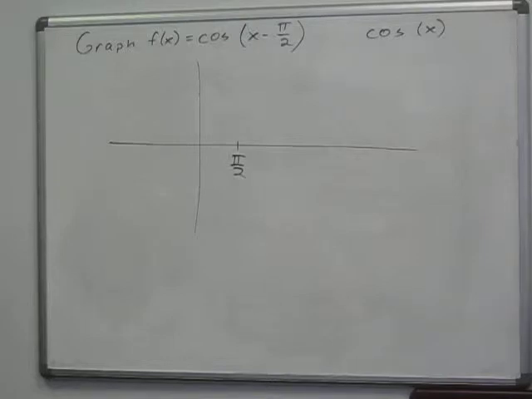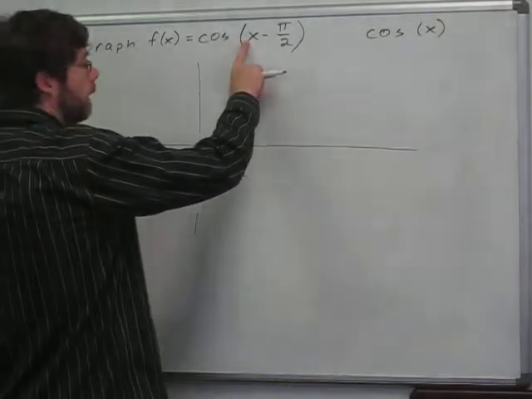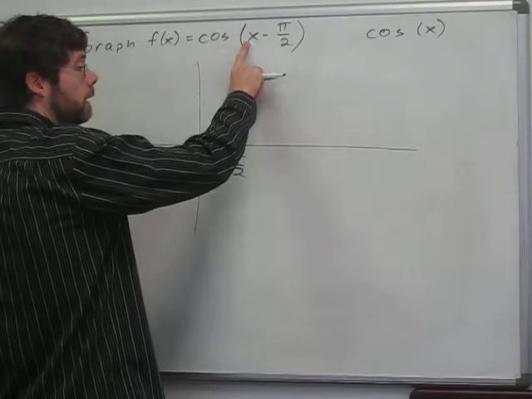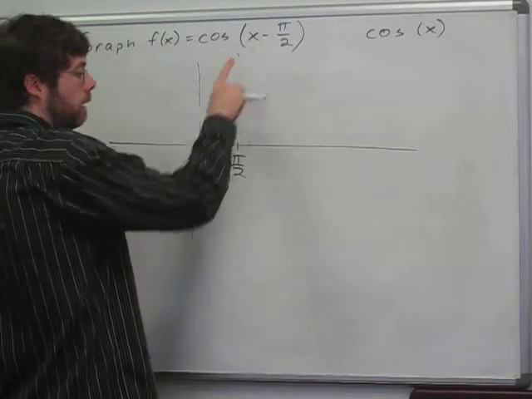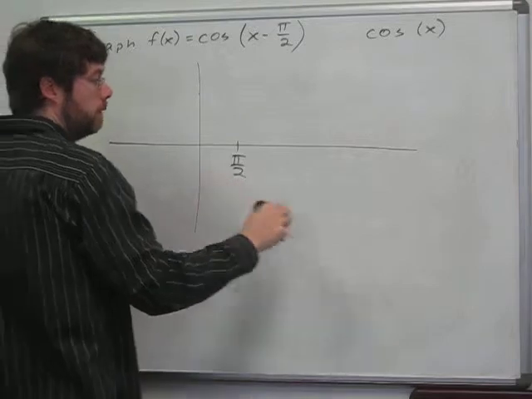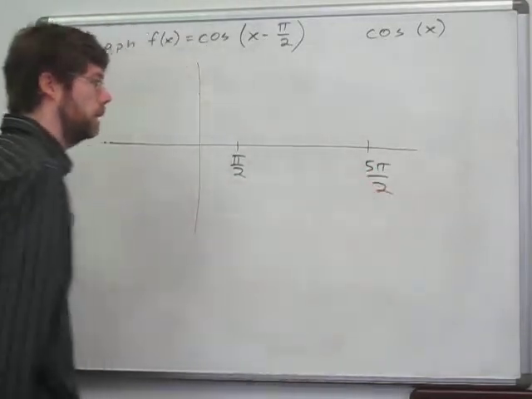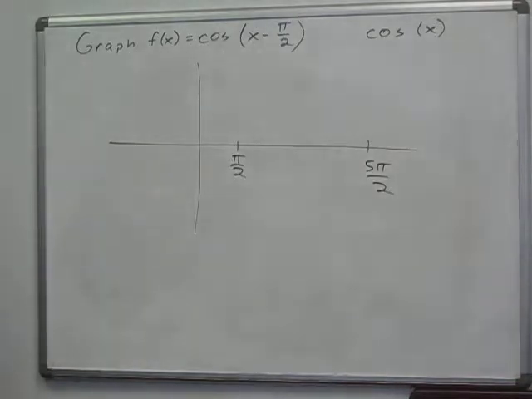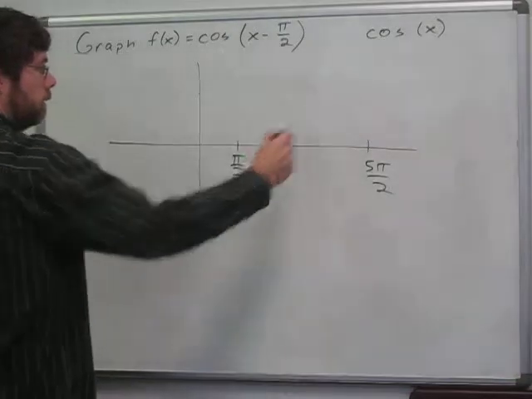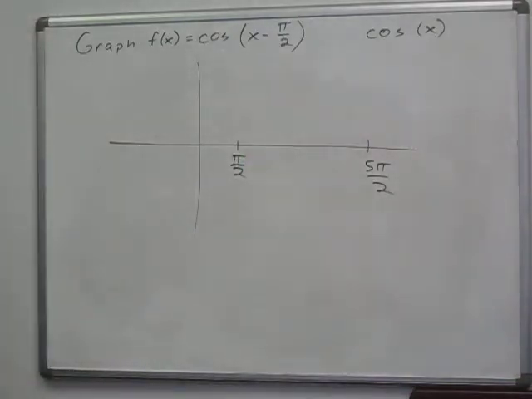I haven't changed the period at all. I'm not multiplying x by any number, so the period is still 2 pi. Pi over 2 plus 2 pi is 5 pi over 2. So there is where my first cycle is going to exist.